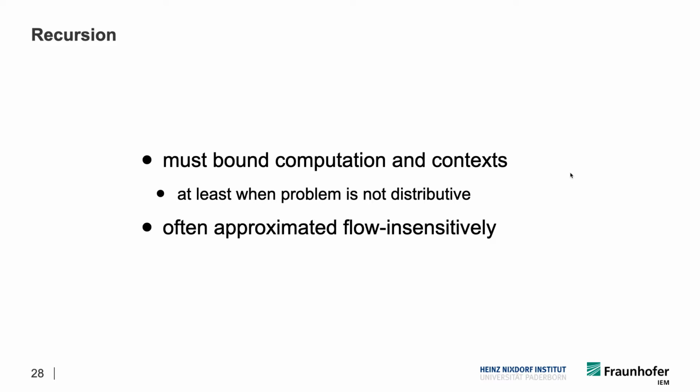So similarly here, you would basically get the same information propagated everywhere within this recursive call path. So you can just do a flow insensitive analysis for that part of the program in the first place. So it's one way to deal with this. In practice, we and also others oftentimes now try to use rather distributive problems, then you don't have these particular challenges in the first place.